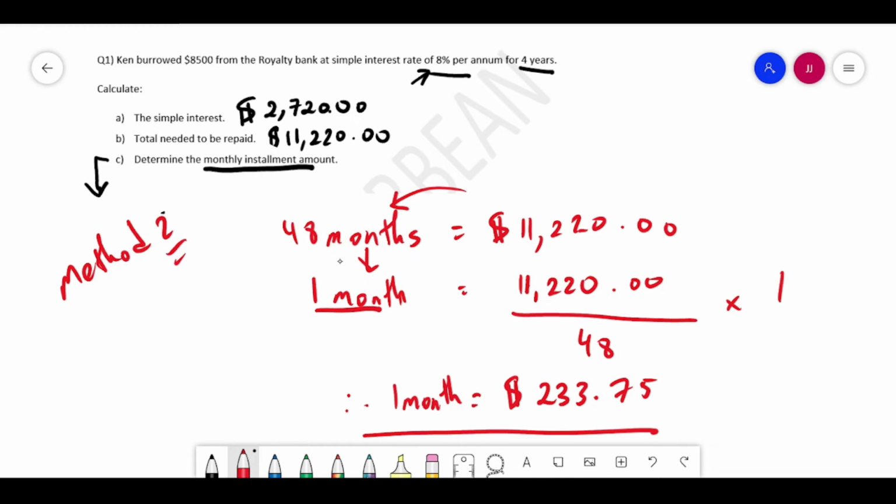We know we have 48 months to repay, which is $11,220. But we want to find for 1 month. So on the right, we will have 11,220 divided by 48 multiplied by 1 month, which is equal to $233.75. And that's it for this.